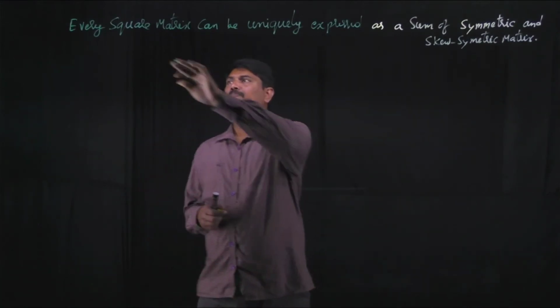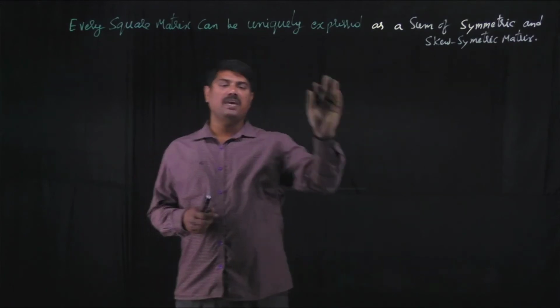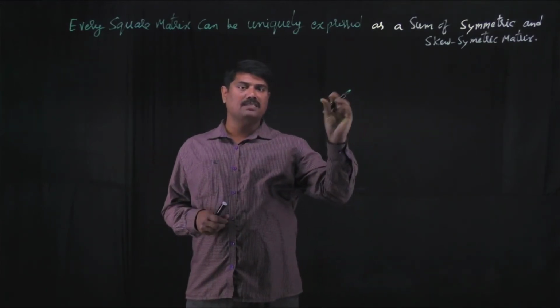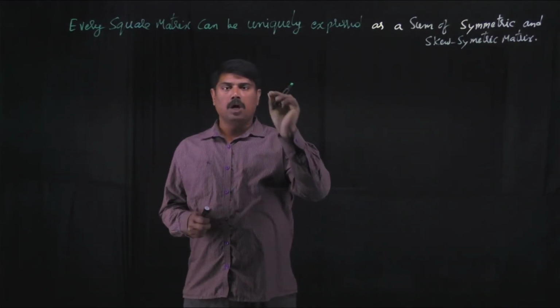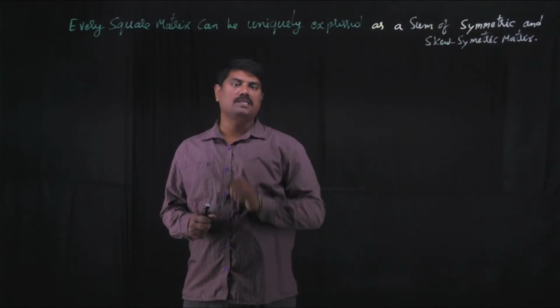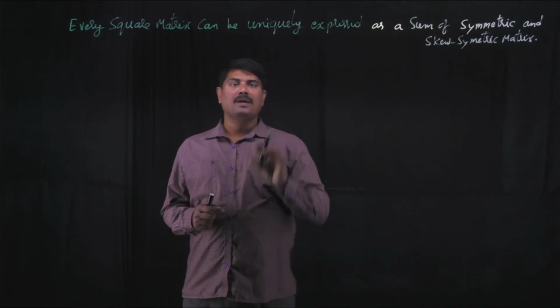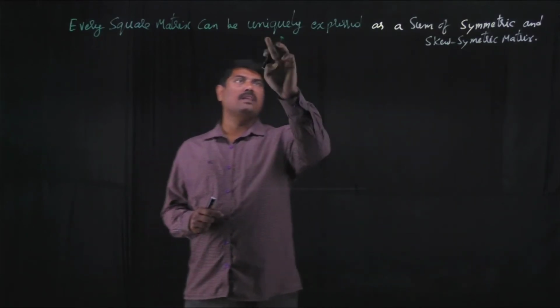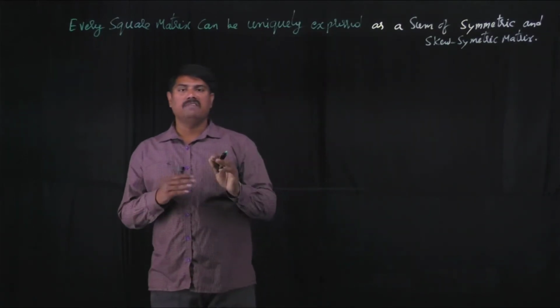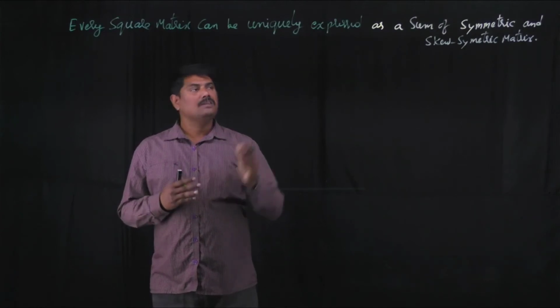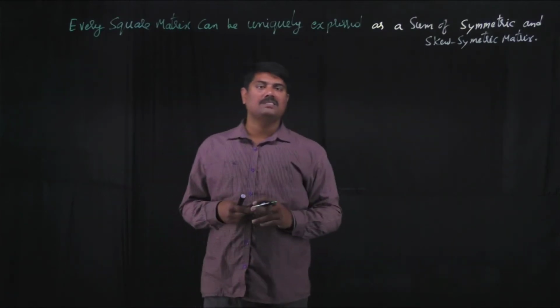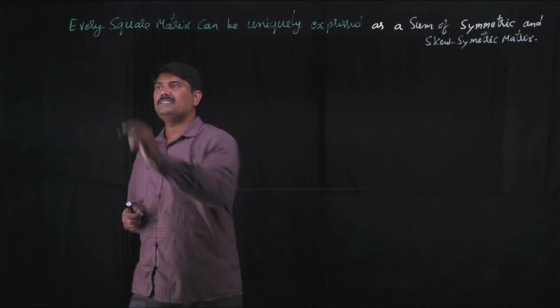For a square matrix A, you can express it as a sum of two matrices. Out of those two matrices, one has to be symmetric and the second one has to be skew symmetric, and these two exist uniquely.